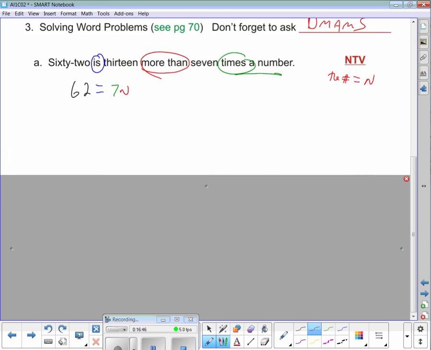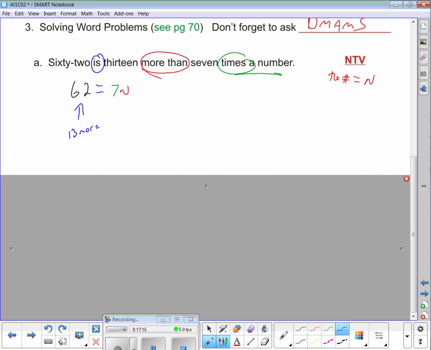Now, sometimes with equations, you got to be a little careful, and that's why I waited on the 13 more than. So, 62 is 13 more than what? Than the 7n, right? So the way I have it written right now, this number is 13 more, right?